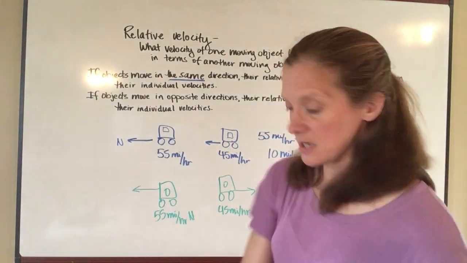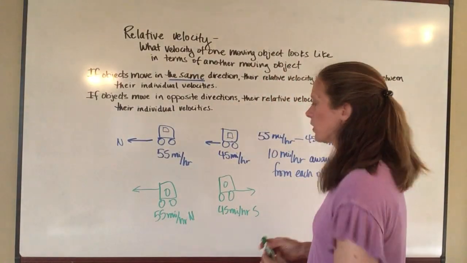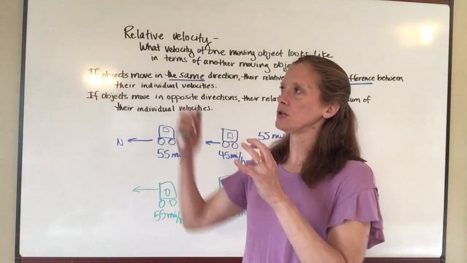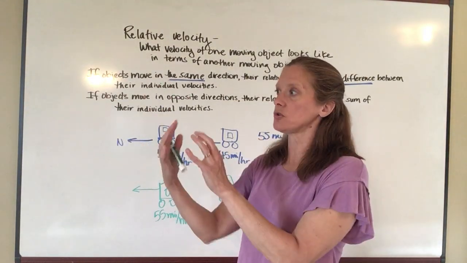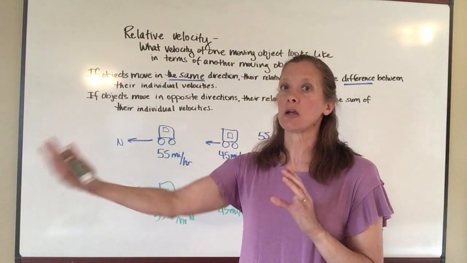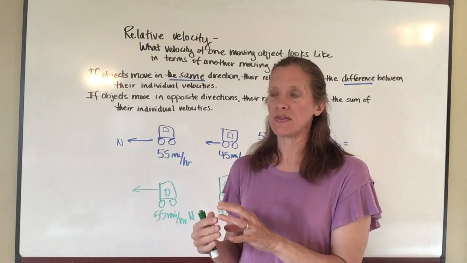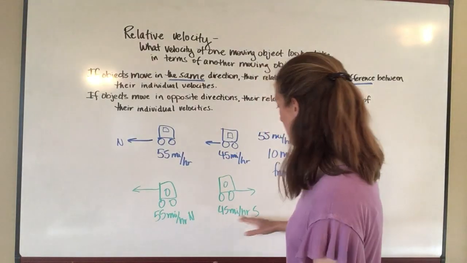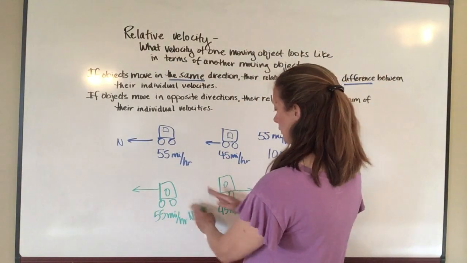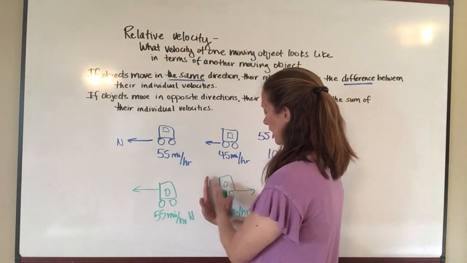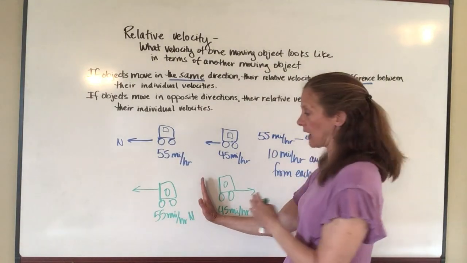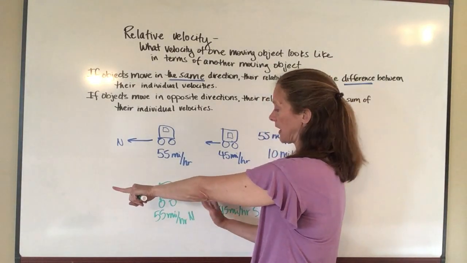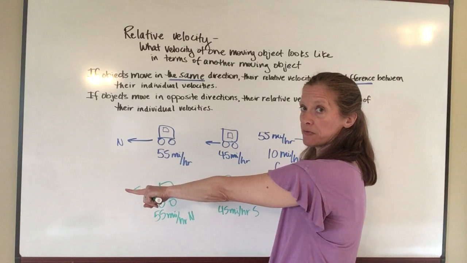Well, if I look at this, when you are in a car and you see another car coming towards you, it looks like they're coming a whole lot faster than they would be if you were standing on the ground and watching them. Okay, so it's not like I'm standing still and I'm watching this car go by at 45. I'm going this way at 55, while this car is going this way at 45.